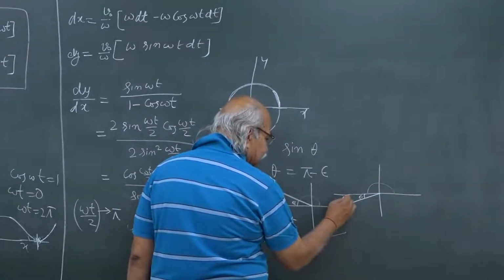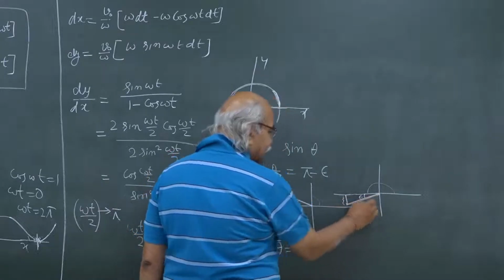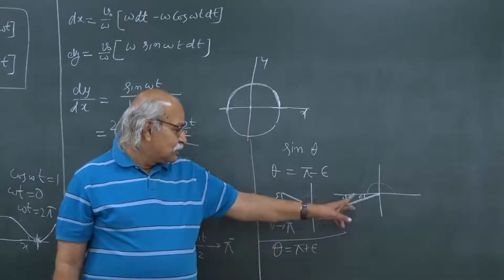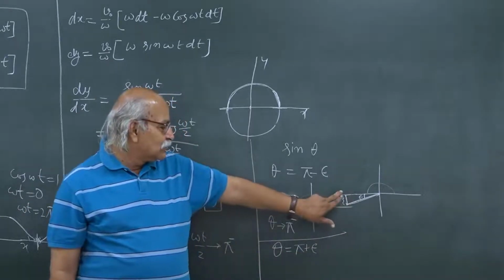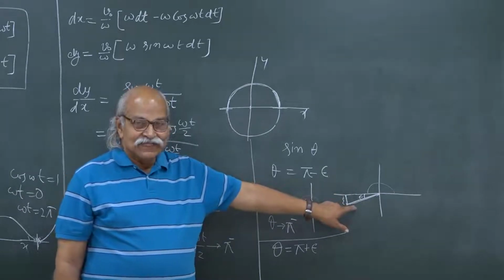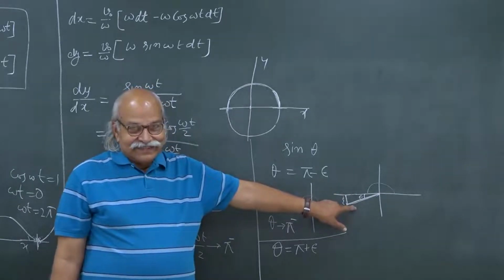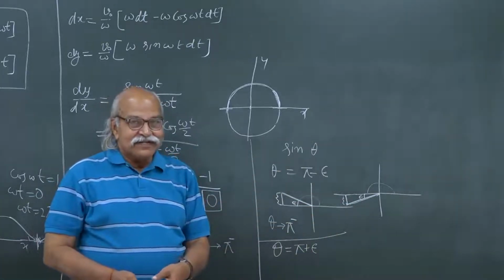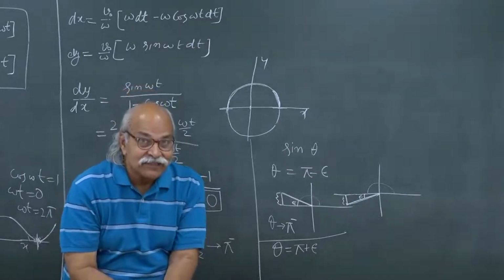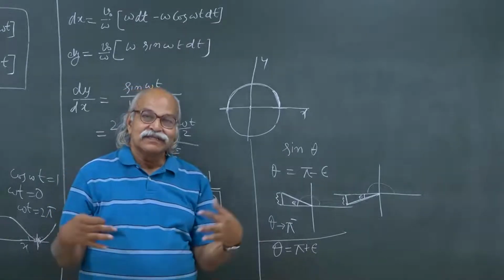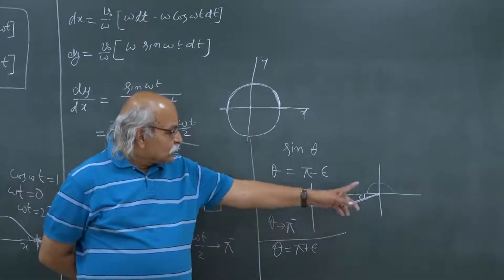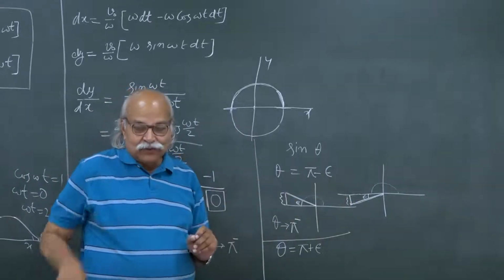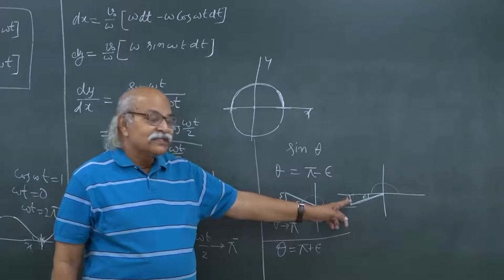Sine of this is this side divided by this side. As epsilon goes to 0, this side will shrink, this side will go to 0 and sine will be 0. That's fine. Sin theta is going to 0 whether you come from the left or from the right. Once you are approaching pi, sin theta is approaching 0. But in this case, all the time sin theta is negative. It is going to 0, but all the time it is negative.